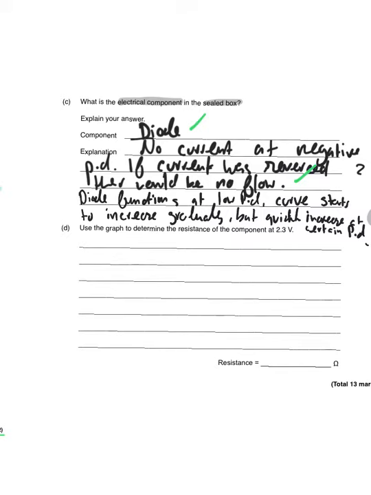And the final question, pretty tricky question, if you don't immediately know how to do it. It says use the graph. So I need to use the graph to determine, to figure out. So the word determine tells me this is like a reasoning kind of question. I'm going to have to use some kind of mathematical reason here to determine the resistance of the component at 2.3 volts.